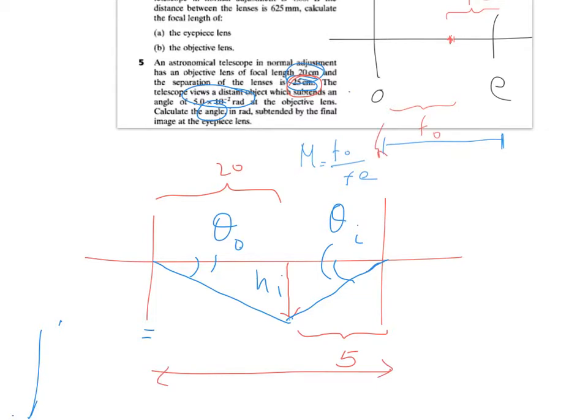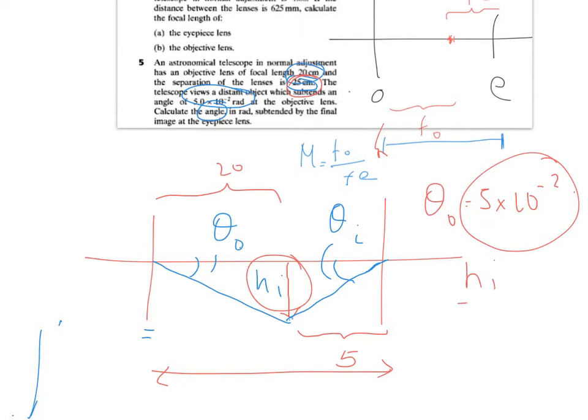The best way to do this is, if you know that your angle subtended by the object is 5 times 10 to the minus 2, you use that to find h1, because h1 over 20, actually 0.20, would give you that. So that will give you the height of the image, and if you know the height of the image, you divide it by the focal length of the eyepiece to give you the angle subtended by the image.